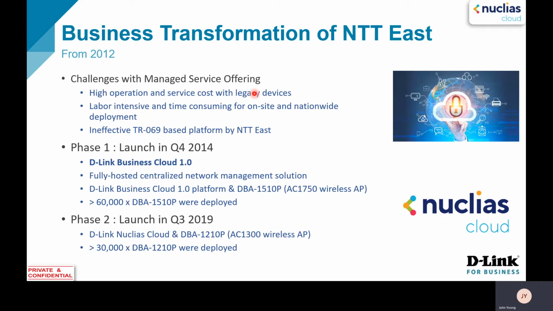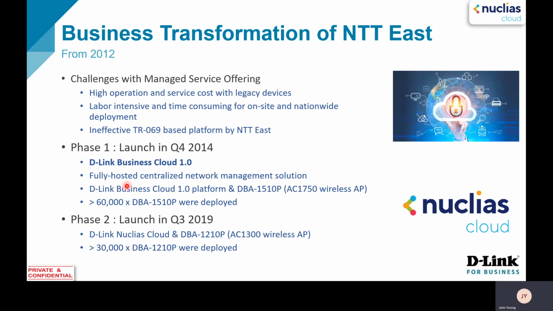Everything costs money. Next, for the operation, legacy devices require TR069 to manage, so all the devices need a custom firmware. As you know, custom firmware causes a lot of issues. So in 2014, D-Link together with NTT East launched phase 1 using this business cloud 1.0.